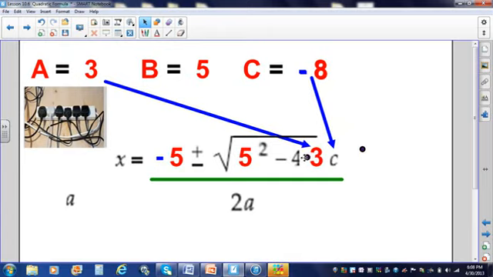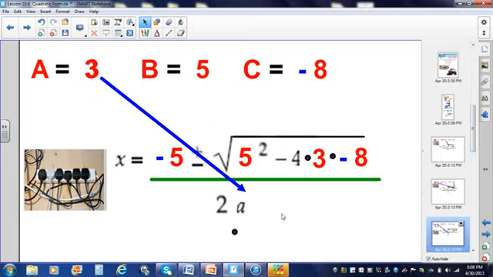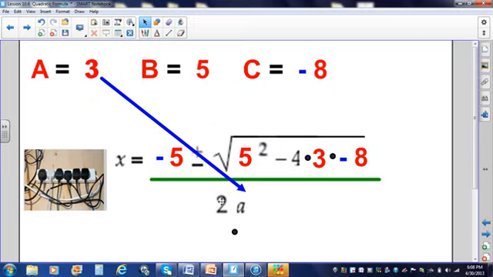They were touching each other, so we'll put a dot for multiplication. I'm going to take out C, and I'm going to put negative 8 in its spot, but remember, they were touching each other, so we're going to put multiplication. Now we're going to take out the A on the bottom that's touching the 2. That means multiplication. And we're going to put 3 in its spot.